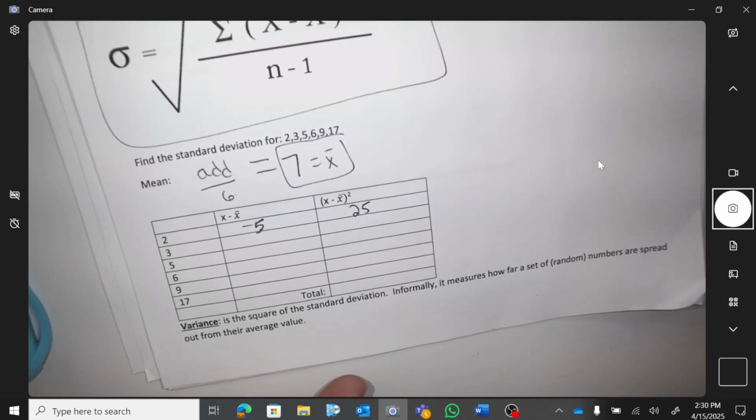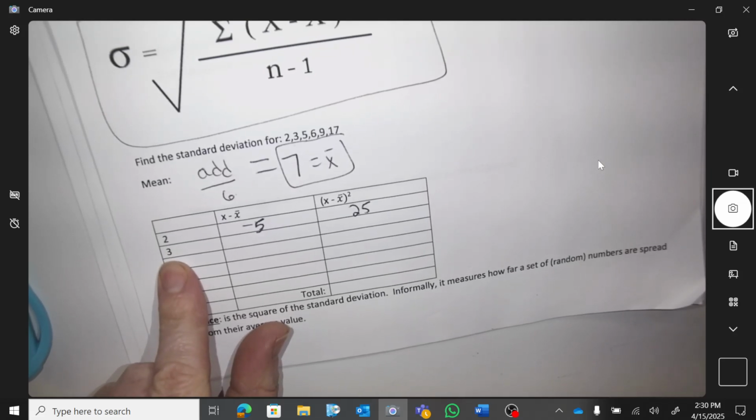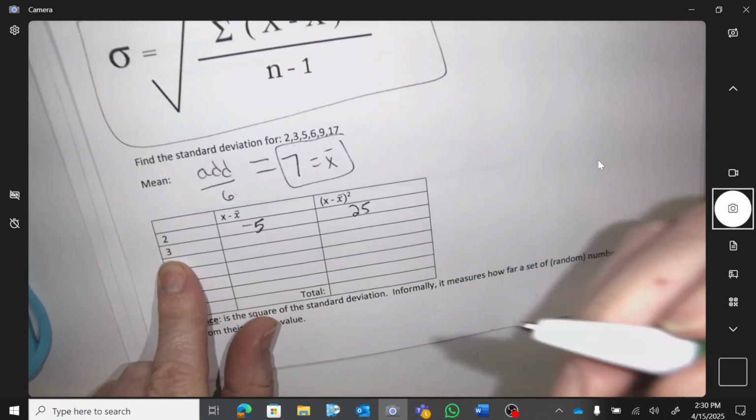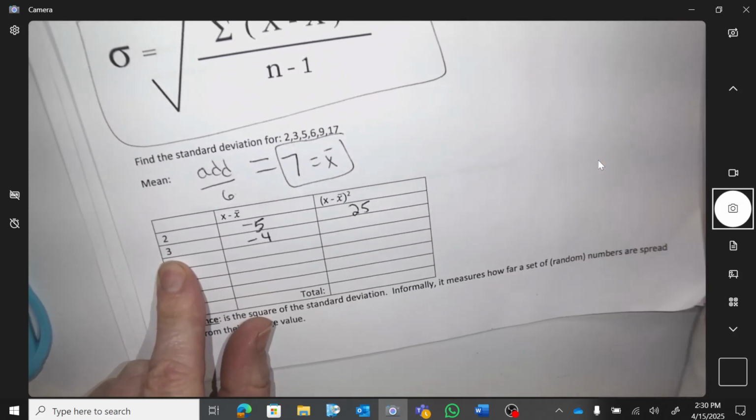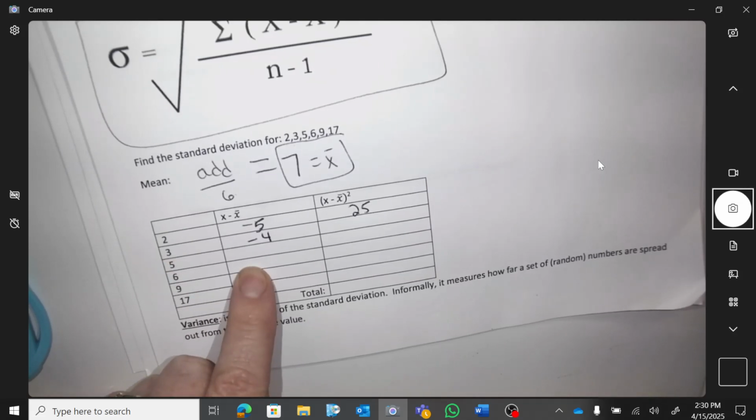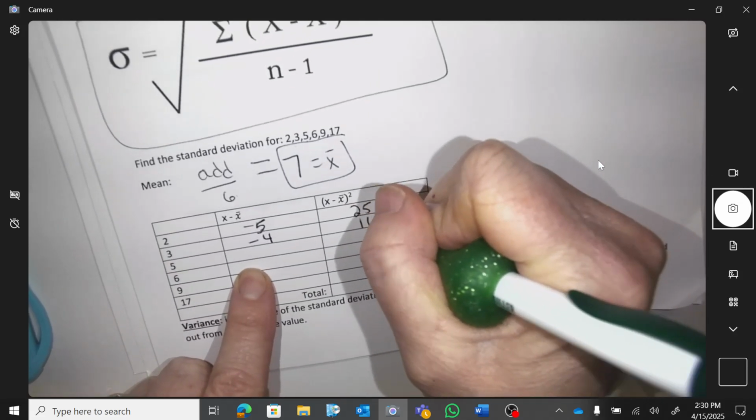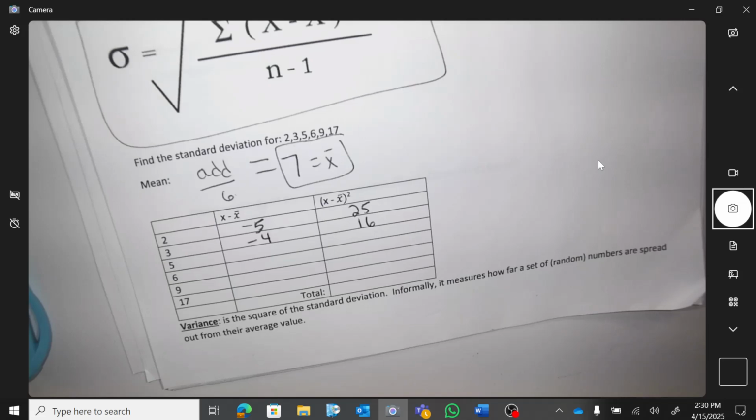Are you good to finish this out on your own now, or do you want me to do one more? 3 is the next x value. So what's 3 subtract 7? -4. What's -4 squared? 16. Now you're good?